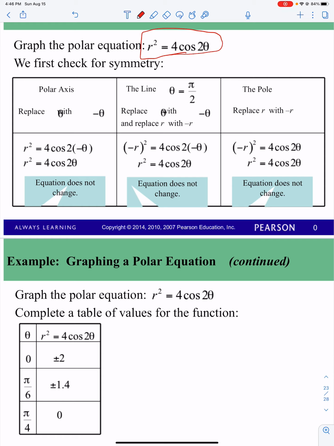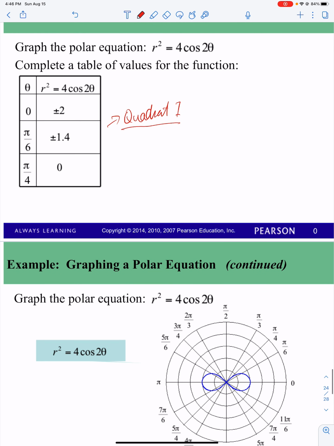This means you only need to choose the special values in the first quadrant, because all the others you will get by symmetry.